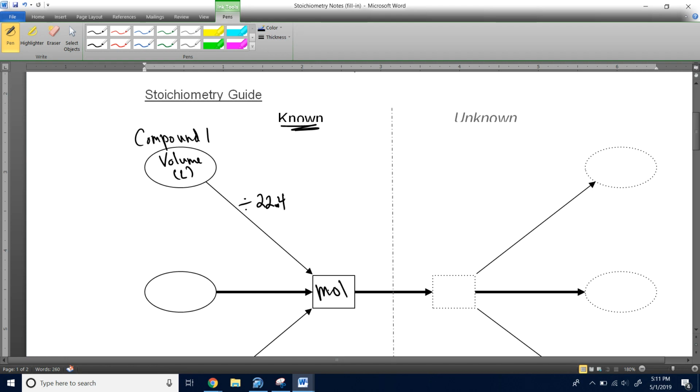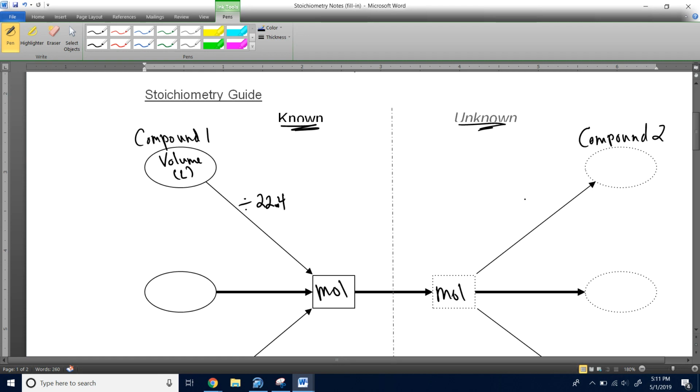And then once we have moles, we have to convert to the moles of the second compound. The second compound we're going to call compound 2. This is the one that we're looking for, or it's unknown. We don't know what that value is yet.